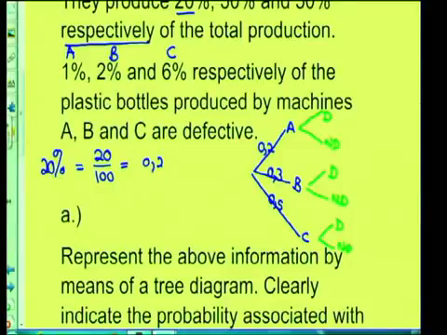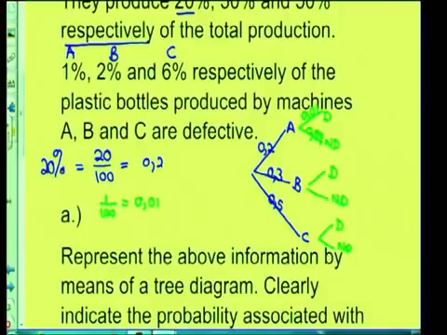Right, so 1%, remember how we did it? It's 1 over 100, which is going to be 0,01. Now, obviously, if 1% are defective, then 99% is not defective. So this one must be 0,99. Let's do this one in a different color so it stands out a bit more.